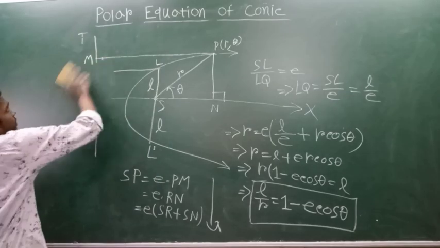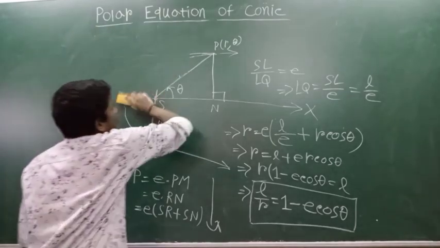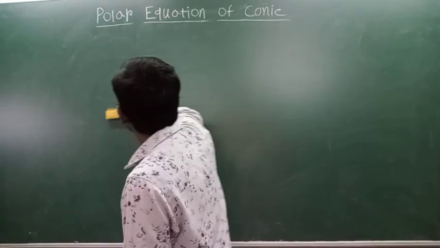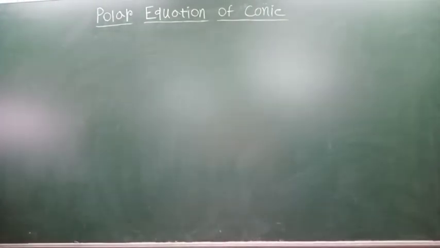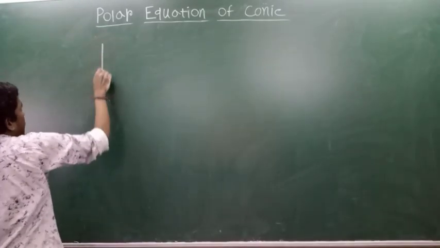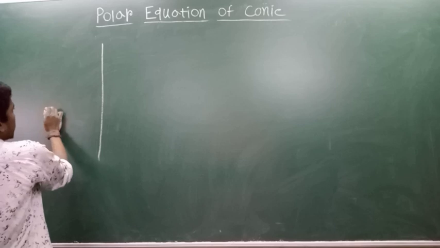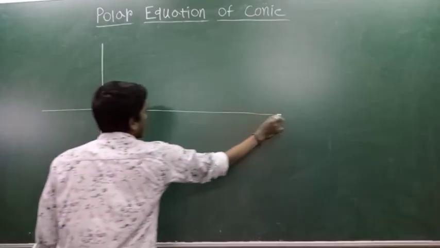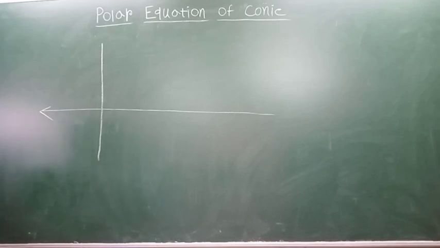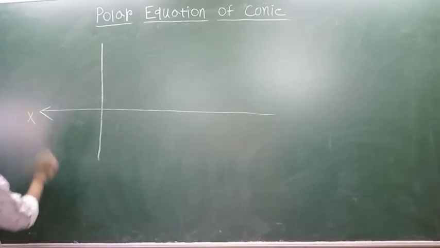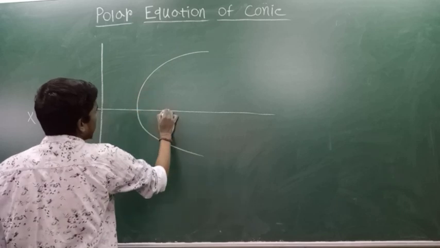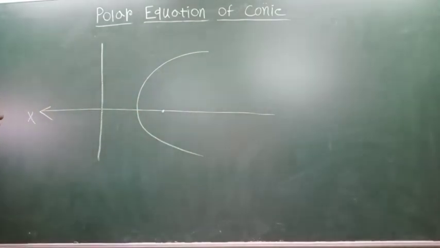So I'm drawing the figure first. This is our directrix and this is the initial line. Here we take the positive direction to the left. So this is x and this is the general conic whose focus is S. Focus is taken as pole.